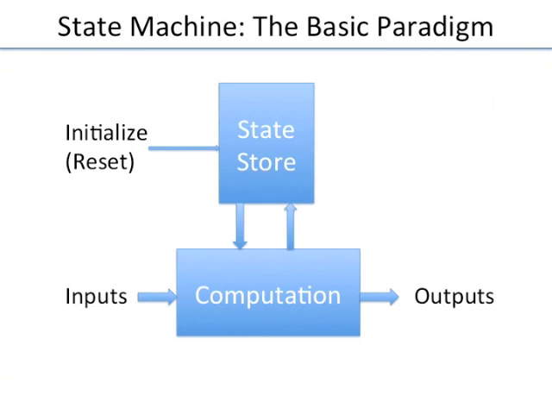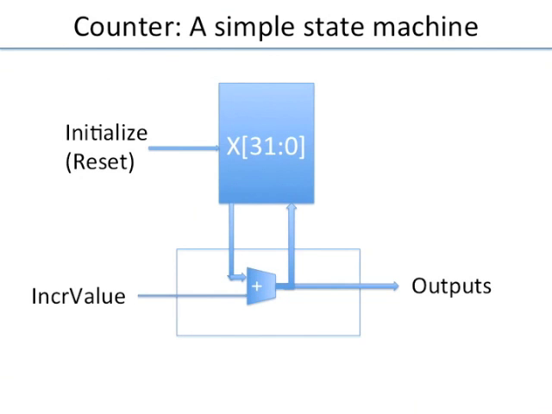Now let us look at a couple of examples of state machines. This is a very simple example. If I want to build a counter, here you have a state. Let us say it's a 32-bit counter. So there are 32 bits of state in this machine, and you take the state and produce the next state, and there is something out here which tells me to increment by how much.